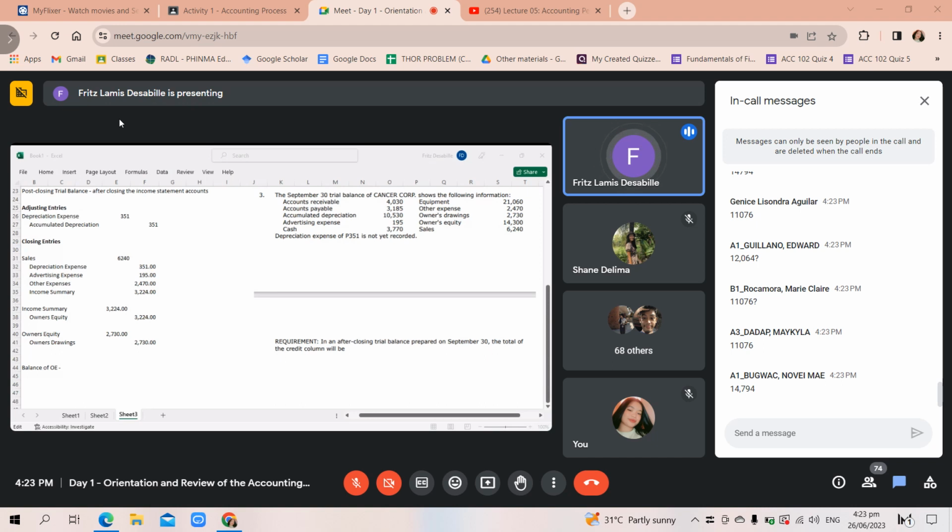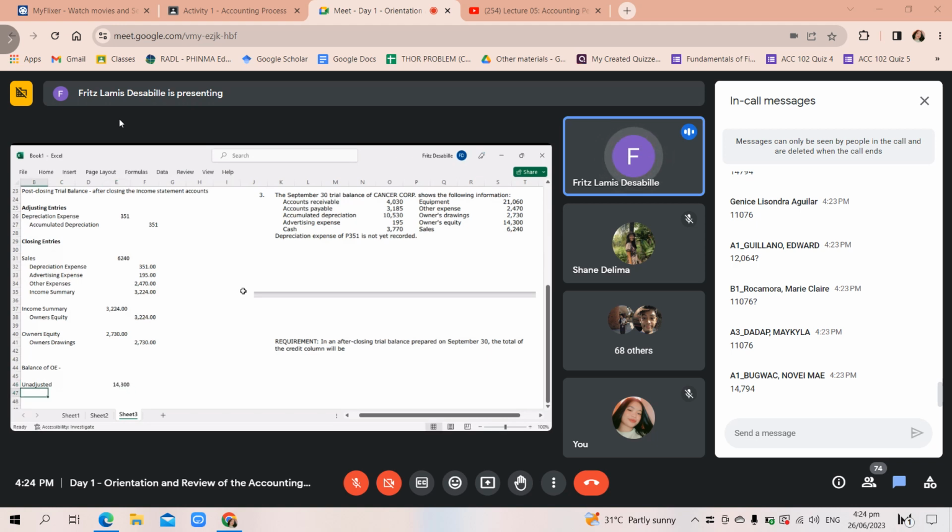14,794. So to compute this one, we'll start first with our unadjusted balance, which is 14,300.